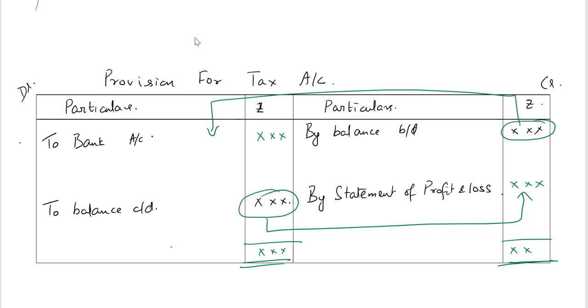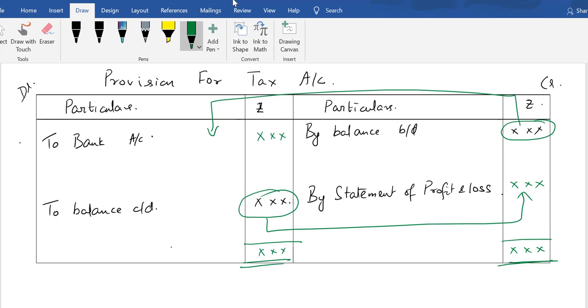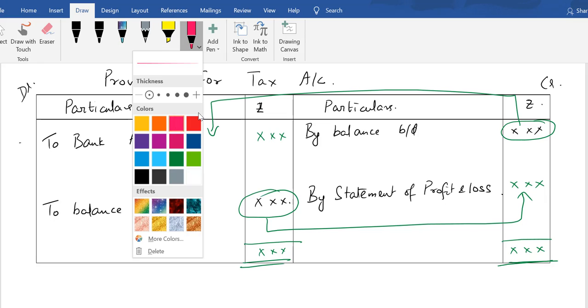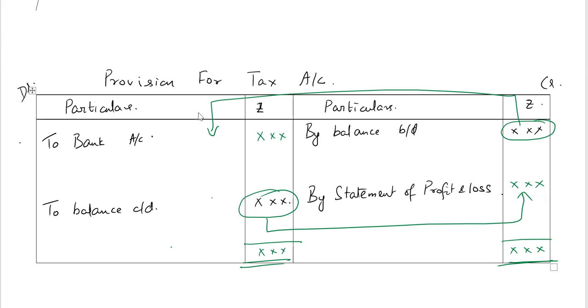On the other hand, sometimes information will be given not only with the opening balance and the closing balance, but also either the tax paid or the provision for tax. So this is the tax paid and this is the provision for tax for the current year. Now, if one of these items are given, then the other item will be the balancing figure.